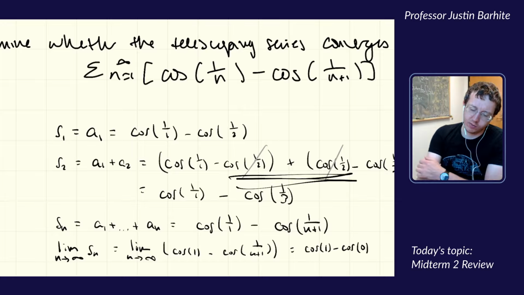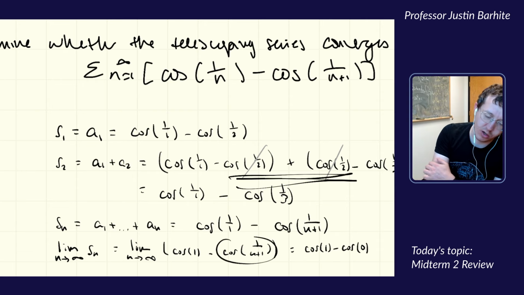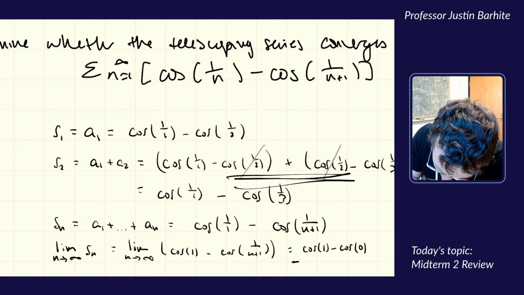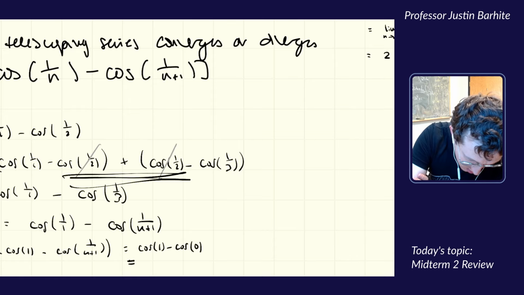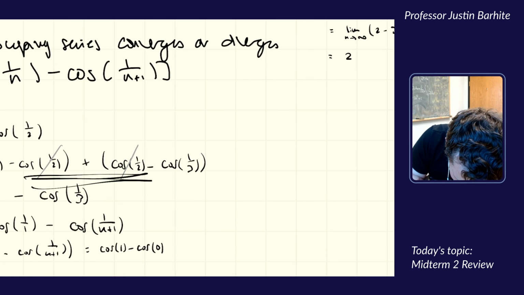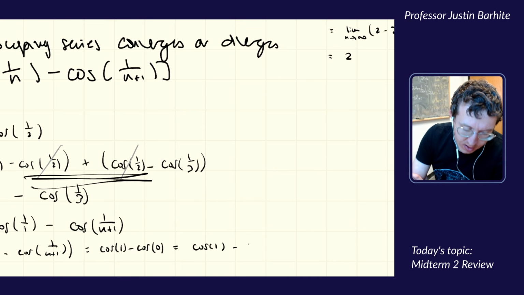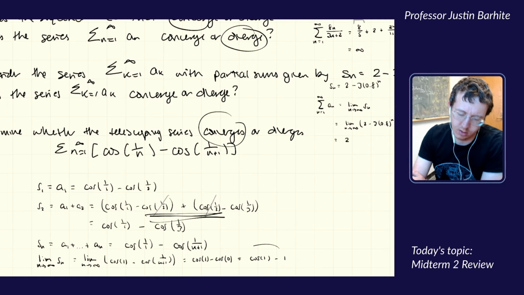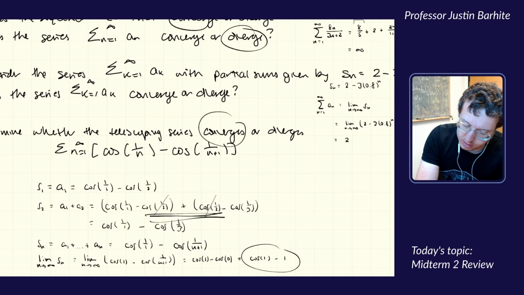So cosine of 1 over n plus 1 is approaching the cosine of 0. And if we like, I guess we could simplify that. Cosine of 0 is 1. So this series converges to cosine of 1 minus 1.